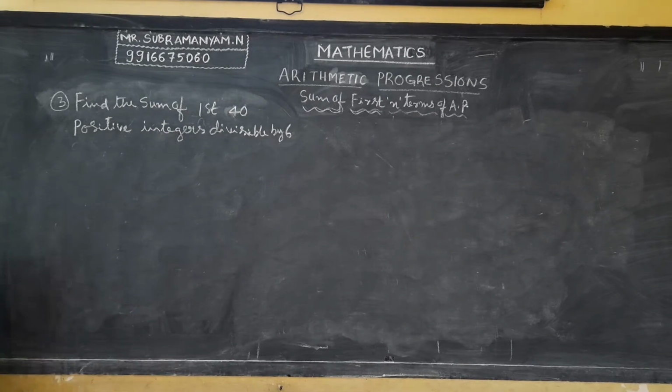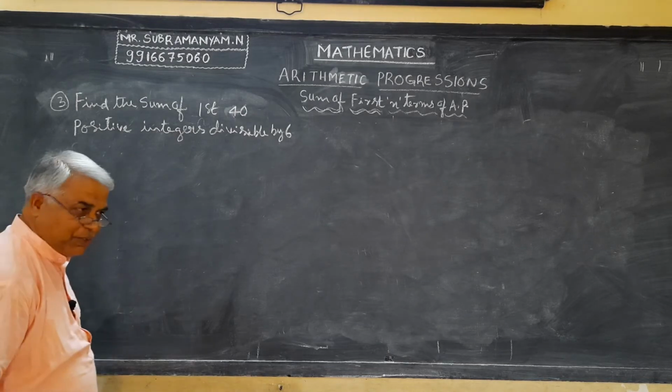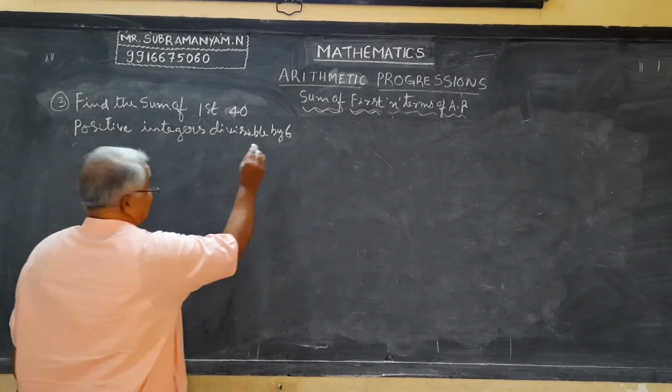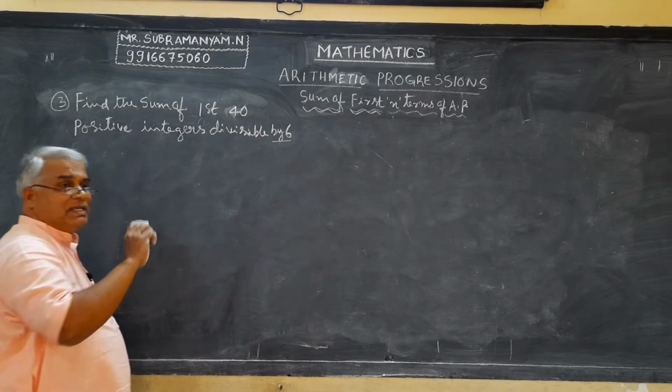Look at this question, so beautiful. 40 numbers you should write. All should be positive and those numbers must be divisible by 6.